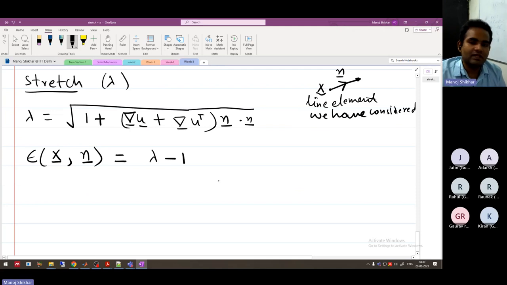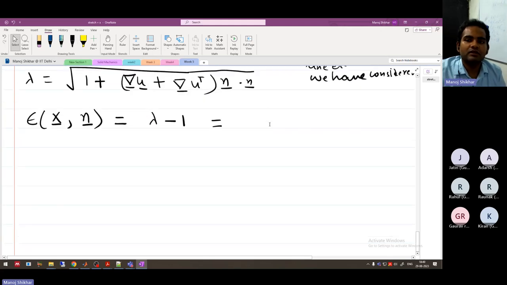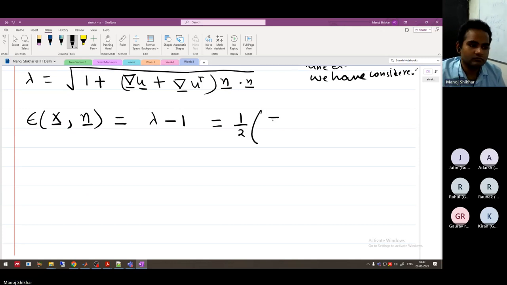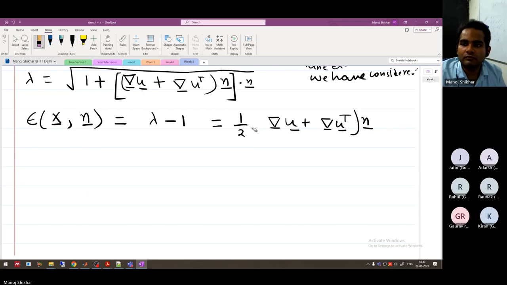And after doing binomial expansion, if we replace lambda by this thing, we can write lambda minus 1 as 1/2 gradient of u plus gradient of u transpose, this tensor being operated on n, and this whole thing is dotted by n.